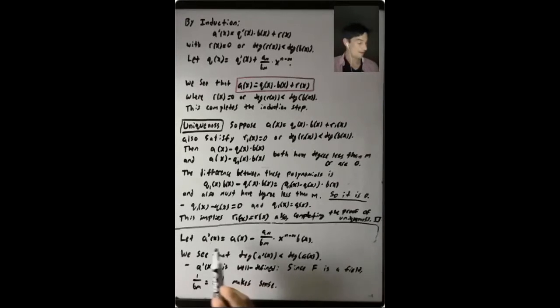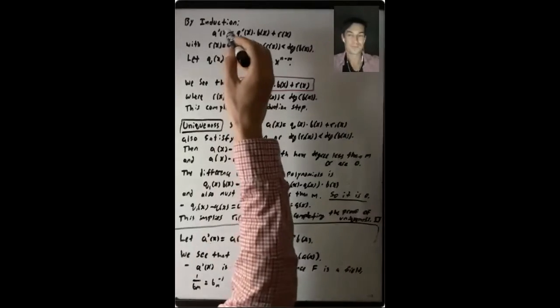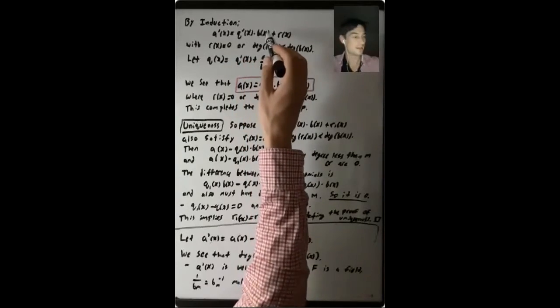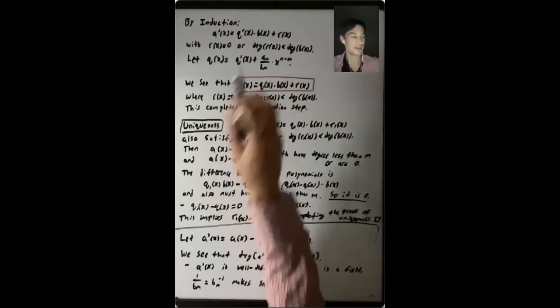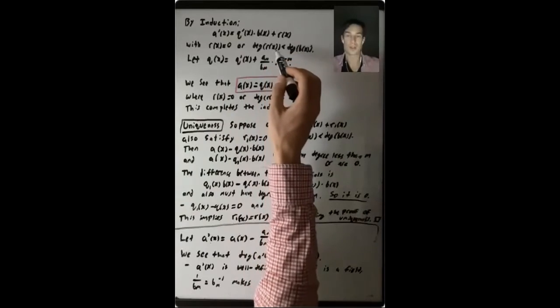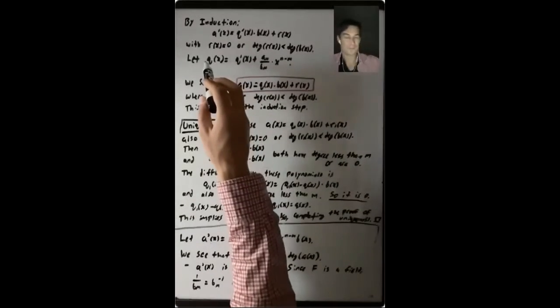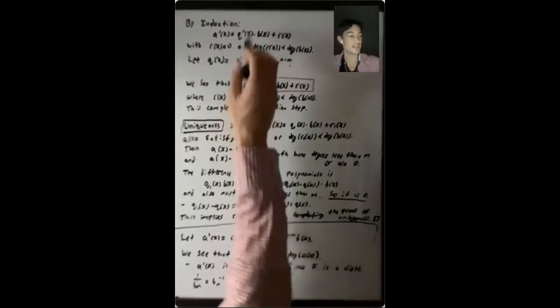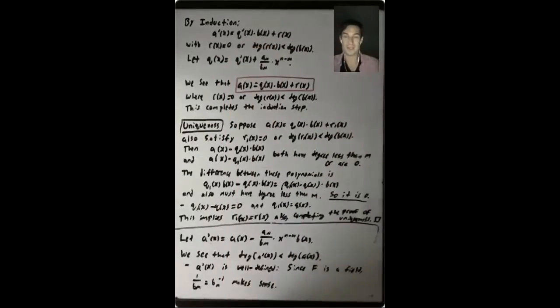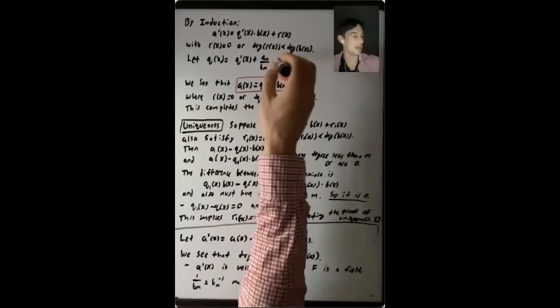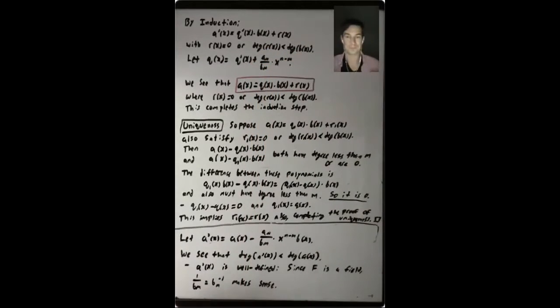So now we're going to apply the induction hypothesis to this, which is A'(x) equals some polynomial q'(x) times B(x) plus r(x), where either r(x) is 0 or the degree of r is less than the degree of B. And now here's the idea. We're going to define q(x) to be this q'(x) that comes from the induction hypothesis plus a_m over b_m times x^(n-m).